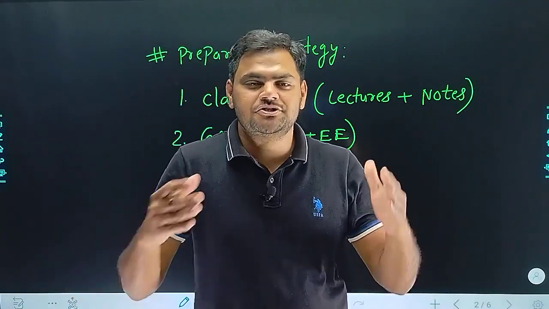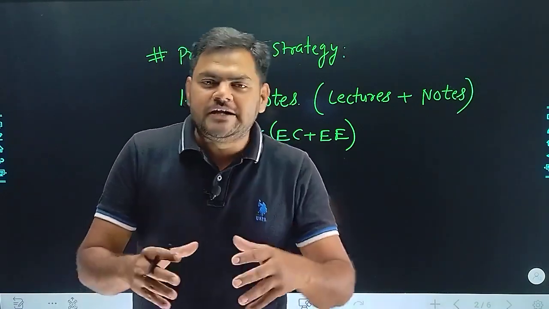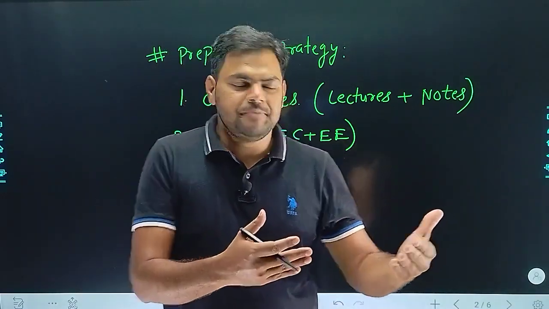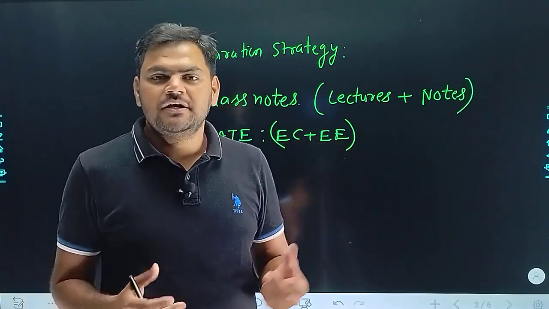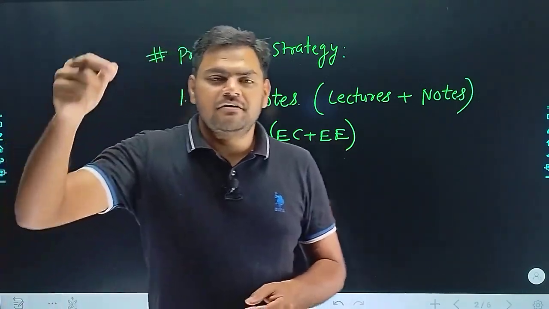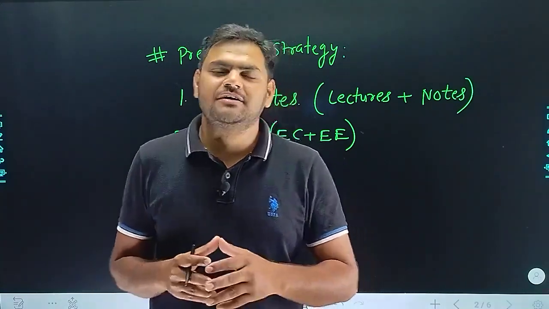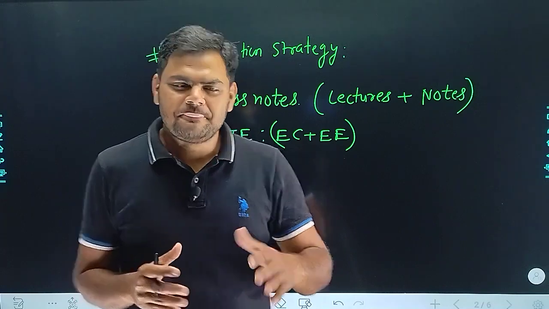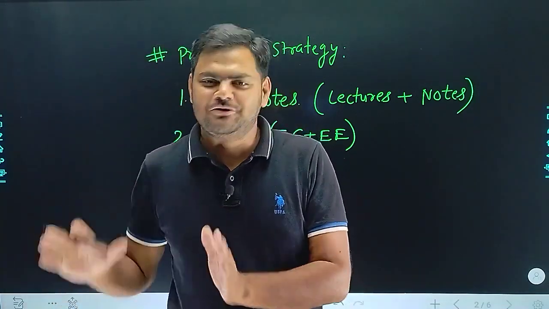There is a slight difference in the question paper pattern and also the syllabus. So if you are dealing with another branch's previous year's paper, particularly if you are an EC student dealing with the electrical paper, then you must be very careful about your syllabus exactly. Electronics students have no such problem because all the topics of EE are almost in the electronics paper.